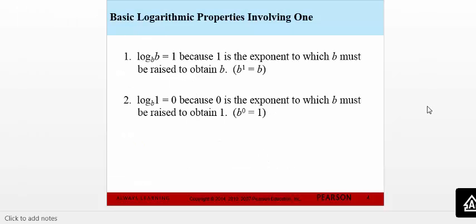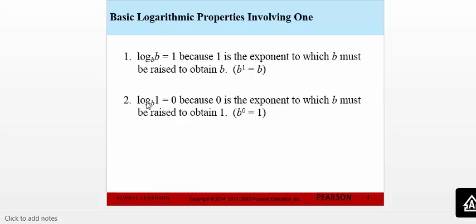So remember some basic log properties that involve 1: the base b log of b equals 1, because 1 is the exponent to which b must be raised to obtain b. So b to the first power equals b.